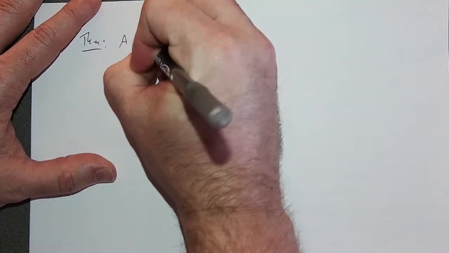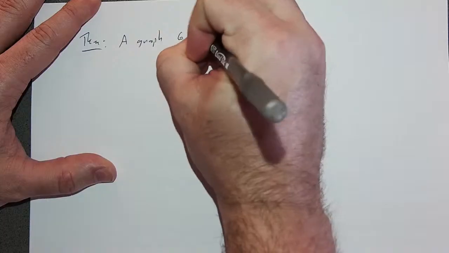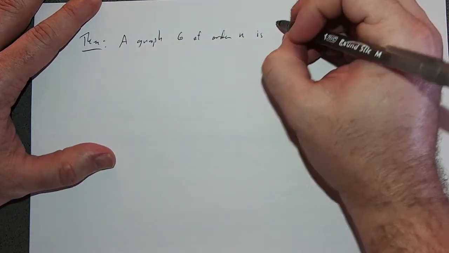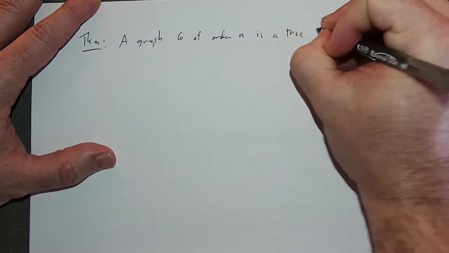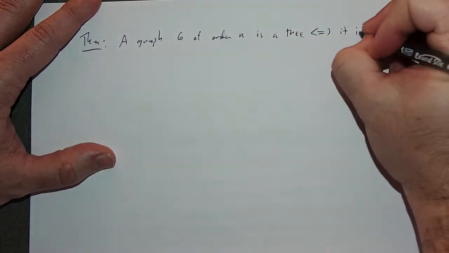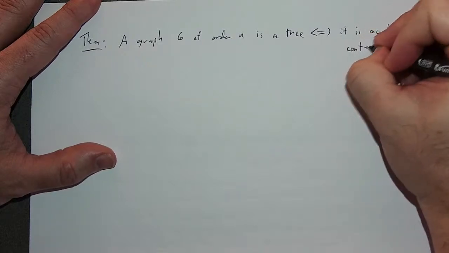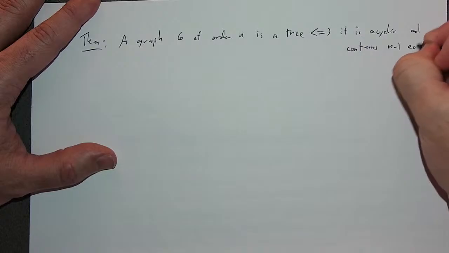Okay, let's see another example of this. A graph G of order n is a tree if and only if it is acyclic and contains exactly n minus 1 edges.